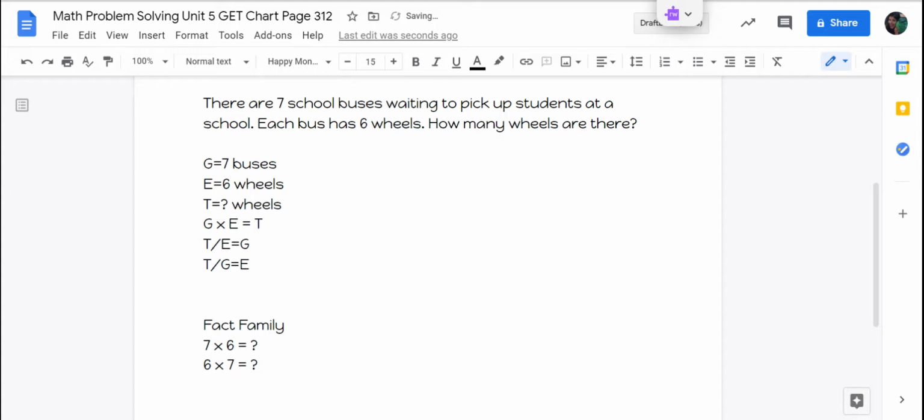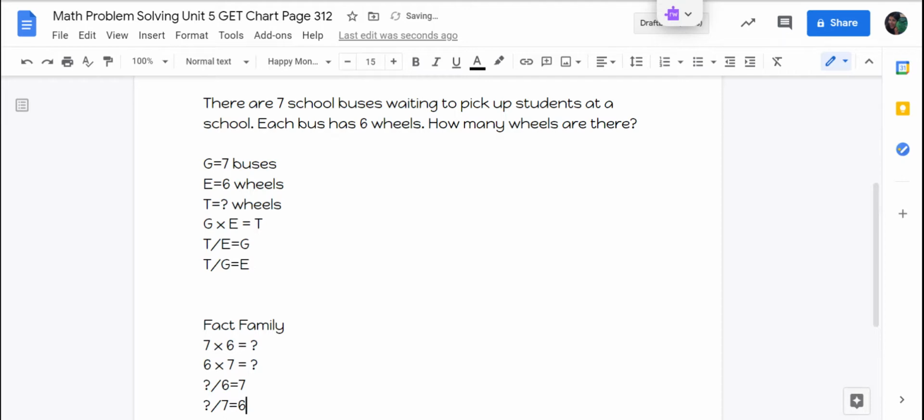Oliver. Unknown divided by what? Good. And what's another one in my fact family? Maisie. Anyone disagree with anything we've done so far?